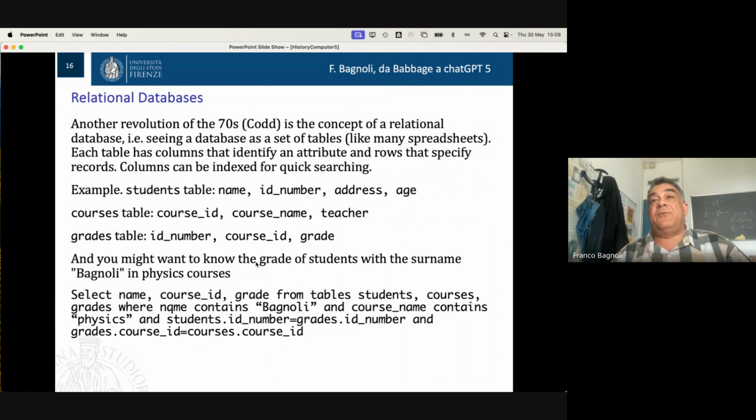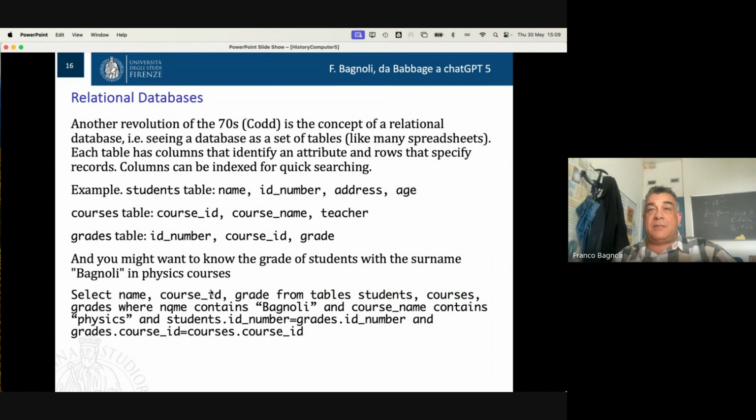And then if you want to know the grade of students with the surname Bagnoli in physics courses, you can use something like this so that you can select what you want to be printed.